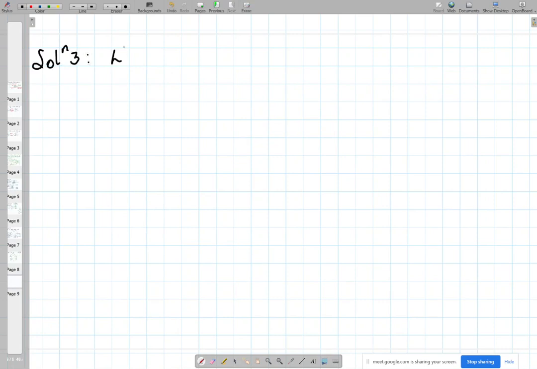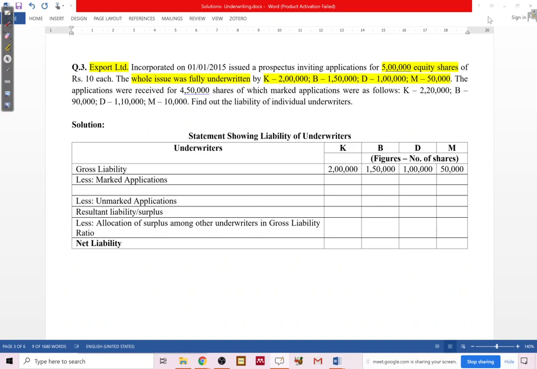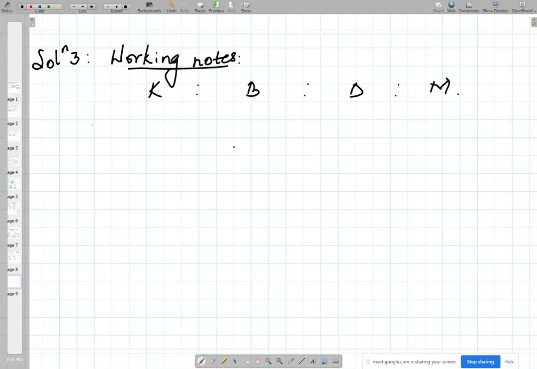solution 3, working notes. You may either make a mental note of it or you may actually show the working note and the calculation. So you have K, B, D and M, and their ratios will be decided on how much they have taken as the gross liability. 2 lakh, okay, gross liability ratio becomes very important, it comes in handy when we are doing other calculations like unmarked applications and so on.